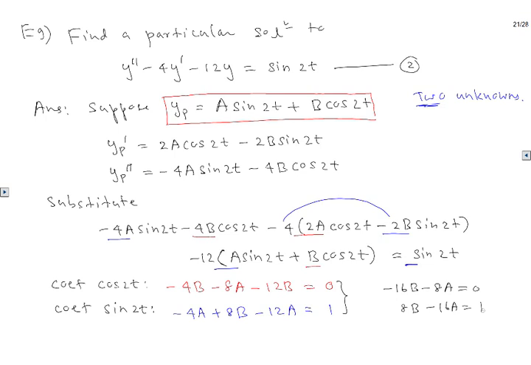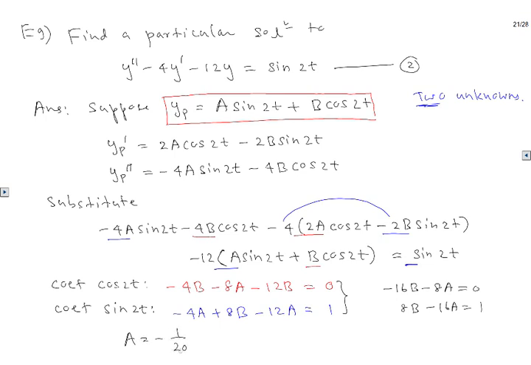Okay, so this is easy to solve. What I normally do is I divide the top one by 2, then it's going to be negative 8b negative 4a equals 0, and then you're going to add the 2. Once you add the 2, the b term gets cancelled, you can solve for a. So you can see that once you do that, you're going to get a equal negative 1 over 20.